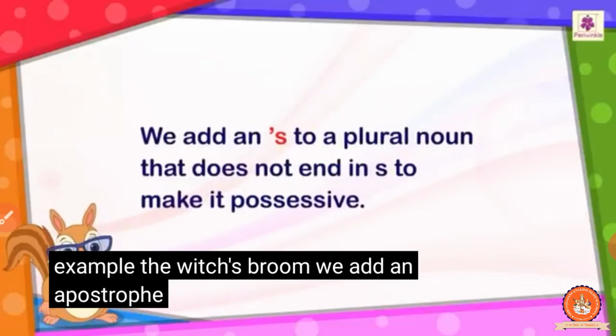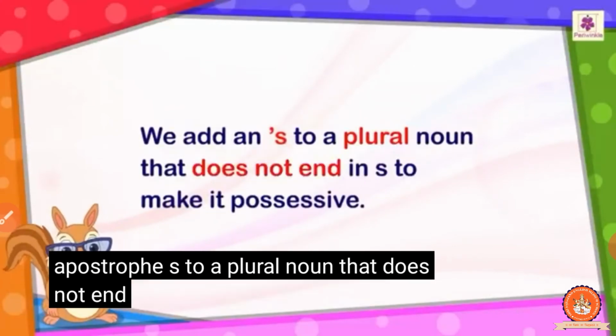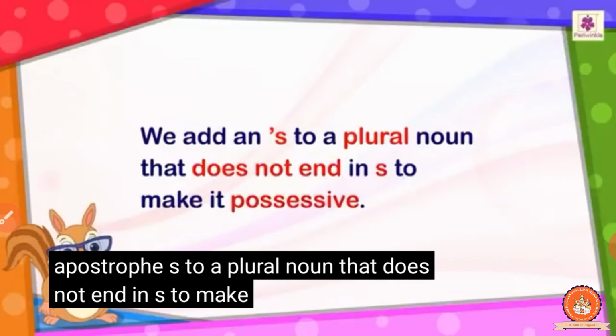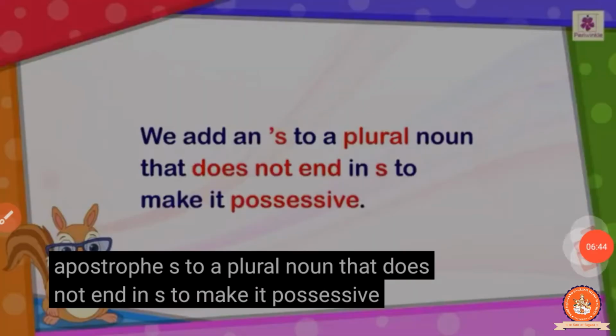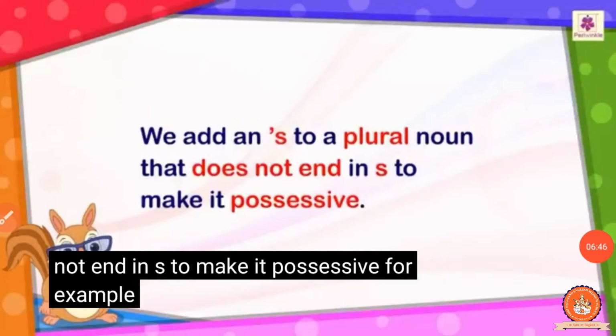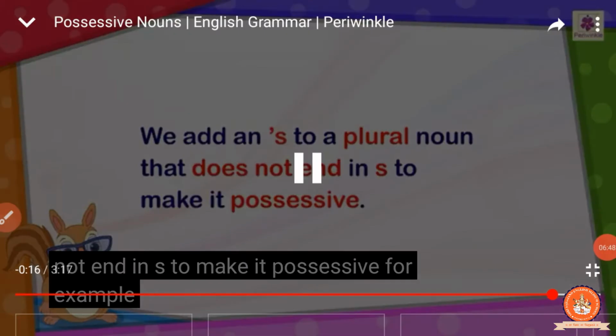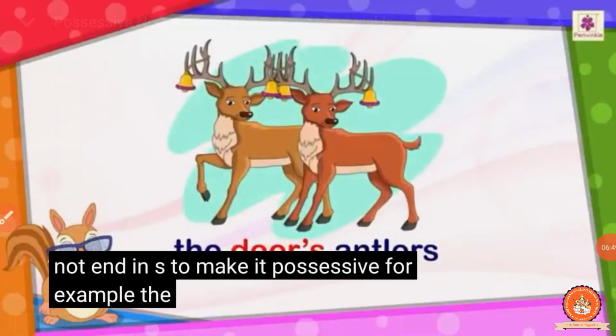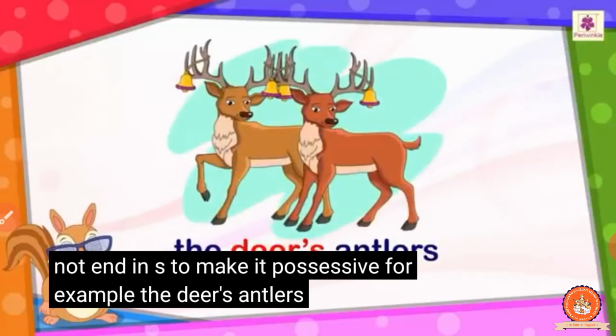We add an apostrophe S to a plural noun that does not end in S to make it possessive. For example, the deer's antlers.